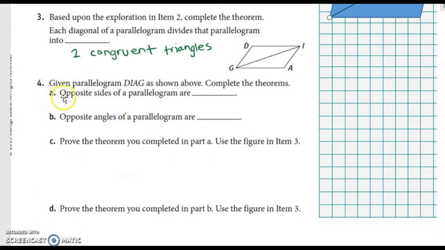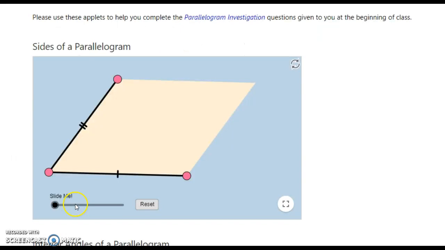Okay, so number 4. Given parallelogram DIAG as shown above, complete the theorem. A. Opposite sides of a parallelogram are blank. So I found this cool GeoGebra applet online, and we're just going to look at the opposite sides of the parallelogram and see what you can figure out.